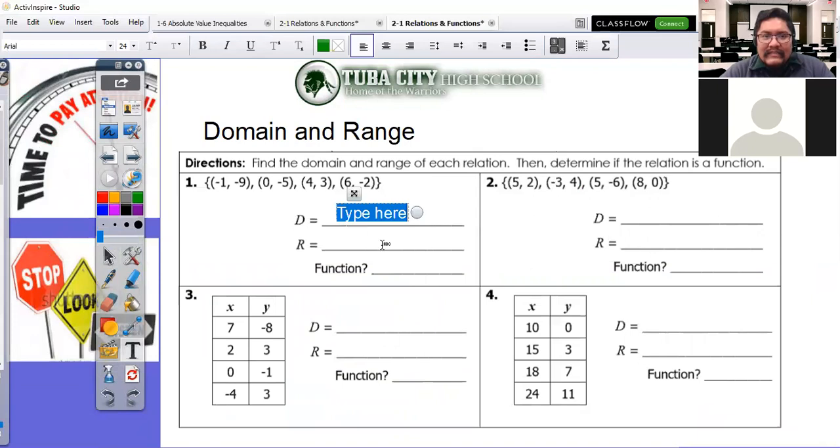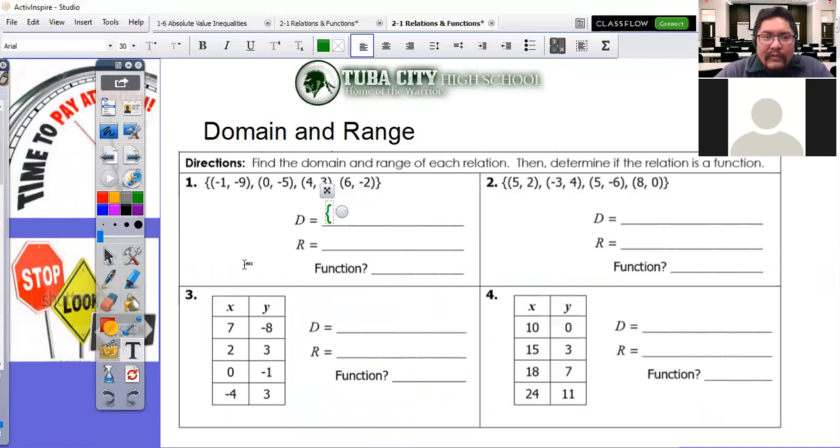So let's go ahead and practice getting the domain and range from some of these values that I have here. For this first one, for the domain, all I'm going to do is look at the x values, because that's what domain means. Domain is the sideways, your x values. For the domain and range, let's put them in numerical order.